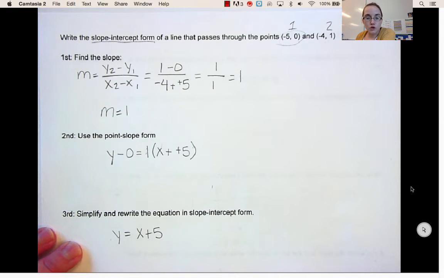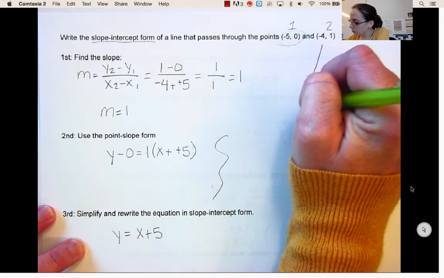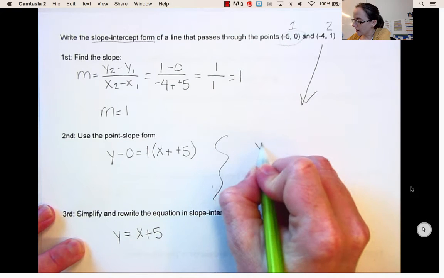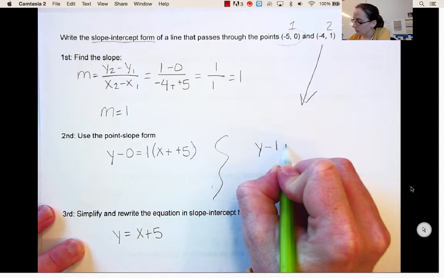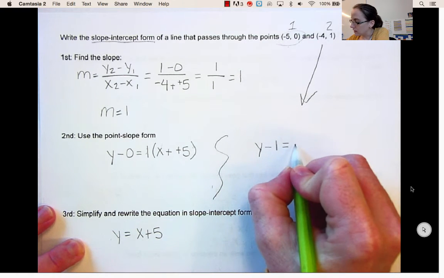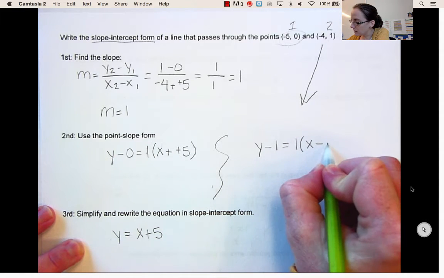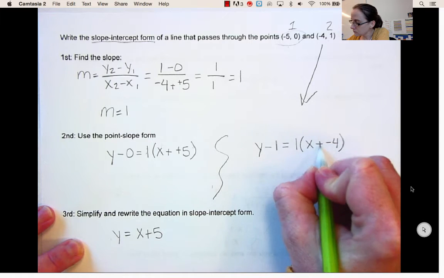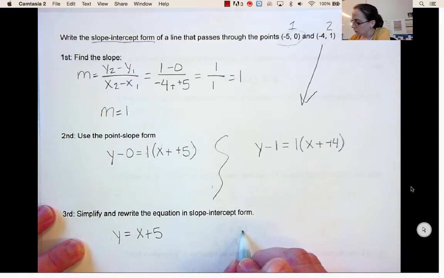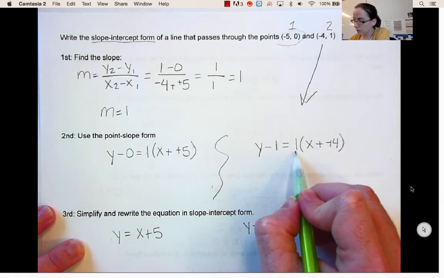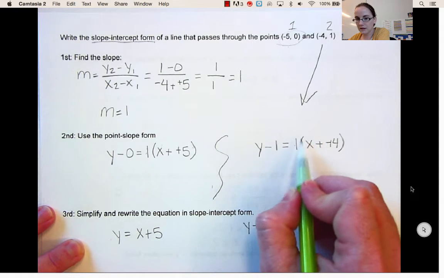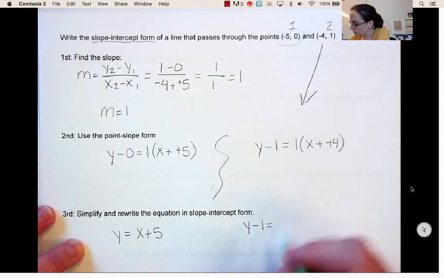Now let's say that you did not choose point 1, that you chose point 2. If you chose point 2, you would have y minus 1 equals, the m is 1 times x minus negative 4. When you simplify, you would have y minus 1 equals still x plus 4, because this 1, if you multiply it in, you're not going to change anything.